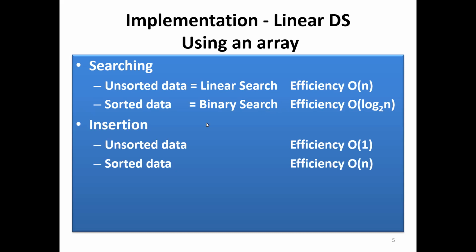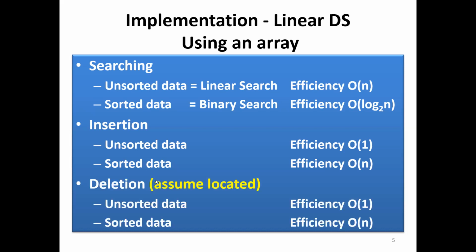For insertion for the unsorted data, the efficiency is 1. And for the sorted data, the efficiency is of the order of n. This is because you need to move all the data to create a space before you do the insertion for the sorted data. Then if we want to delete any item and that item in the list is unsorted, then the efficiency is going to be 1.